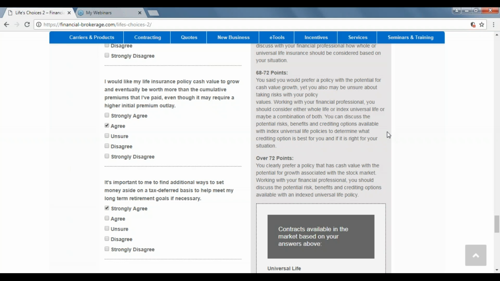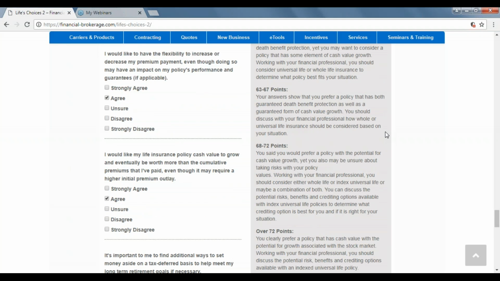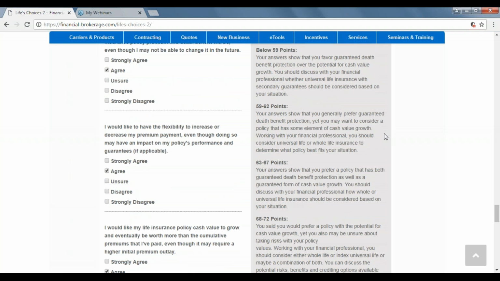So now you can launch into those conversations with your clients. Some of the other answers here you'll see. We might have some policies that are completely guaranteed and take absolutely no risk at all, and cash value isn't even an option, right? If I would have disagreed with some of those statements rather than agreeing with them, we'd have a lower point total over there.